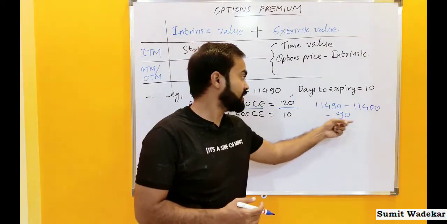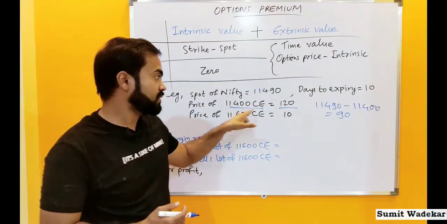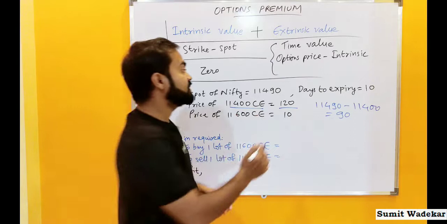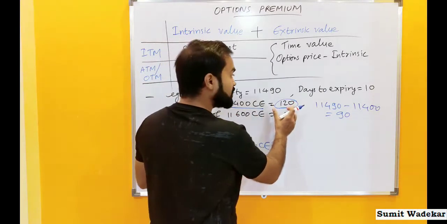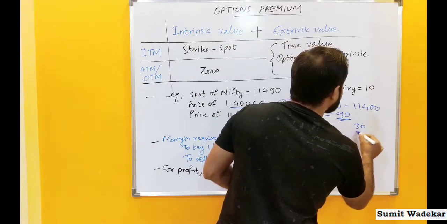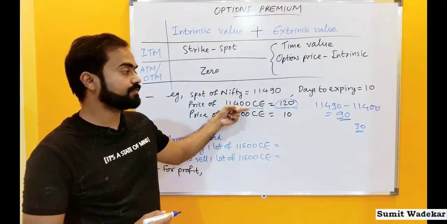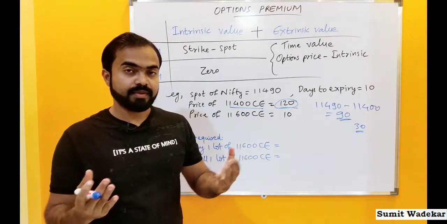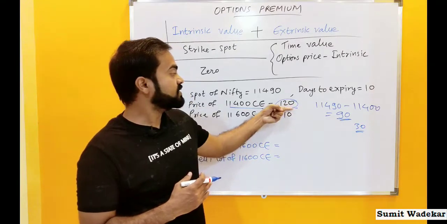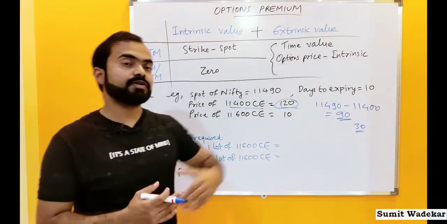Therefore 90 will be the intrinsic value of this call option, but its total value is 120. Therefore the difference, 30, which is total value minus intrinsic value, is the extrinsic value of the 11,400 call, meaning the value due to time. As it approaches expiry, this value will come to its intrinsic value and the extrinsic value will reduce.